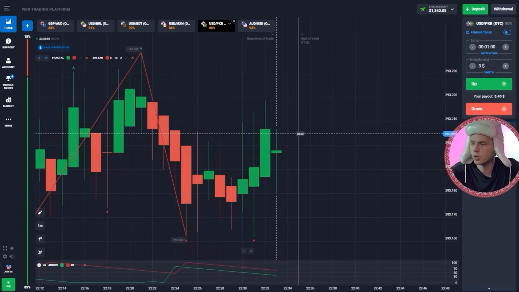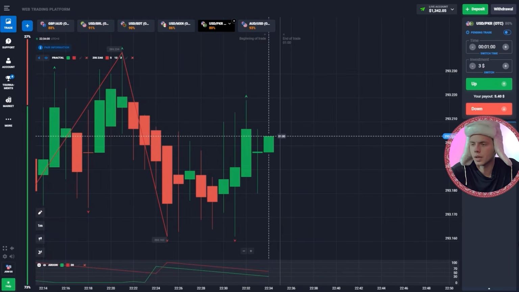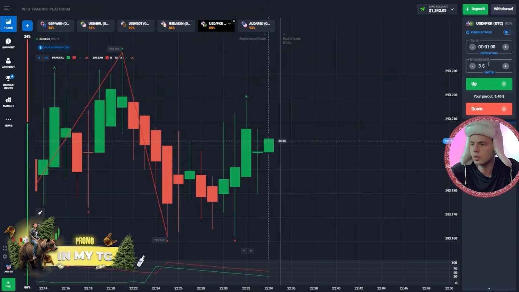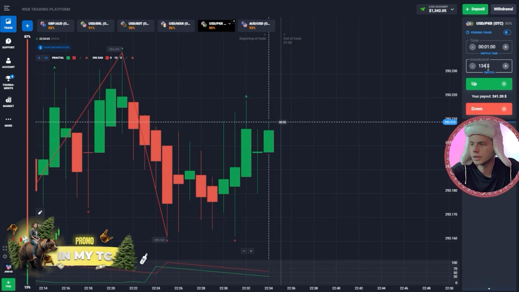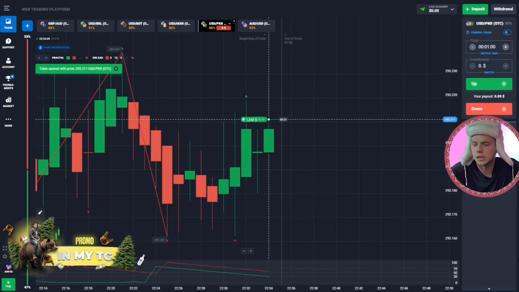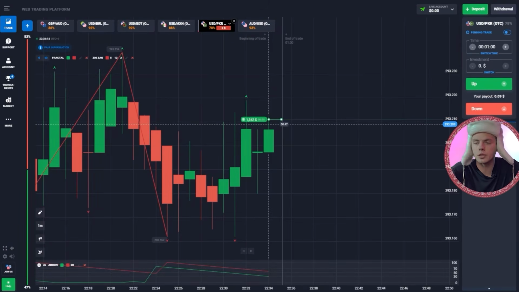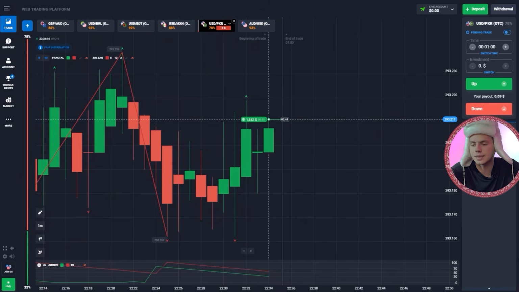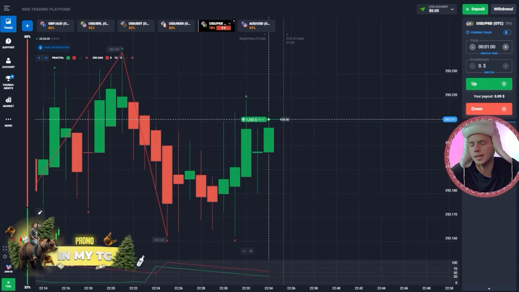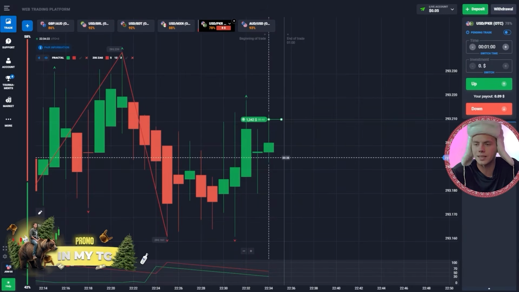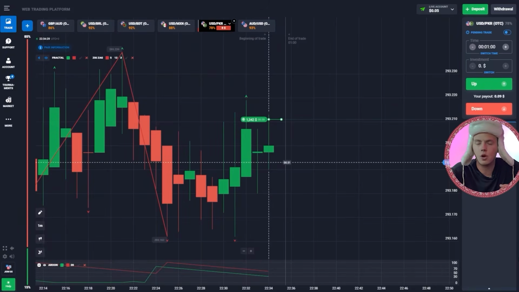So yes, what do we have over here? Upgoing trend, opening a buy trade as well. If you take a look at the Aroon indicator, you may say that nothing special, but this is not the only thing you should look at. If you take a look at the fractals as well, you will see that the beginning of the change of the trend has already started.